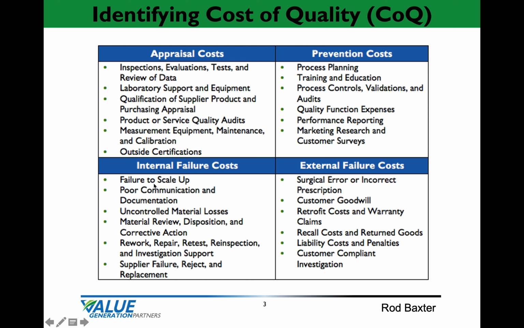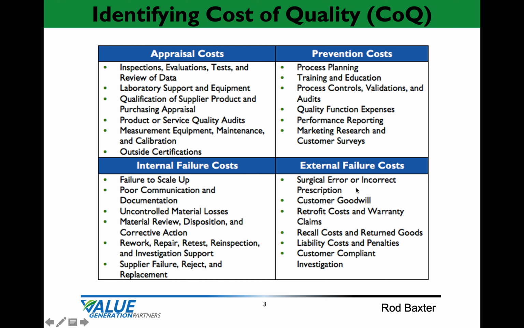This could even include failure to scale up for demand, poor communication and documentation, uncontrolled material losses, rework, repair, retest, and reinspection. Supplier failure is an internal failure cost. Your customer considers your supply chain to be internal to you.